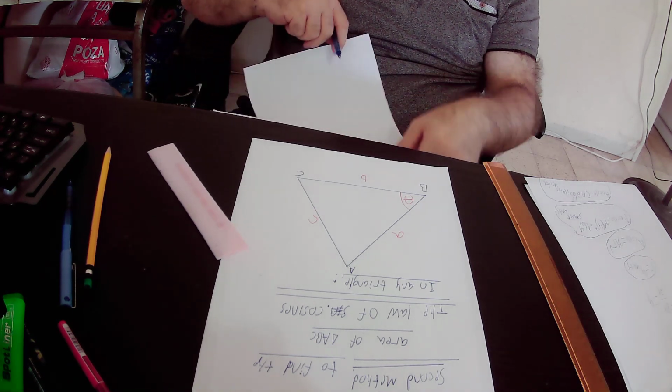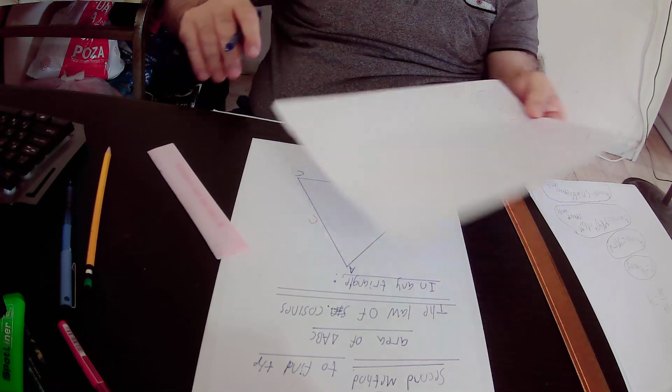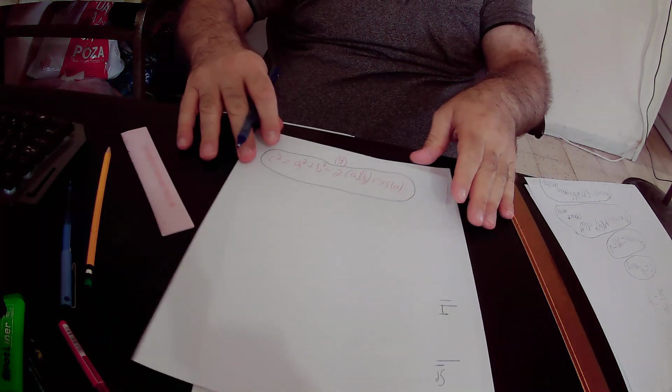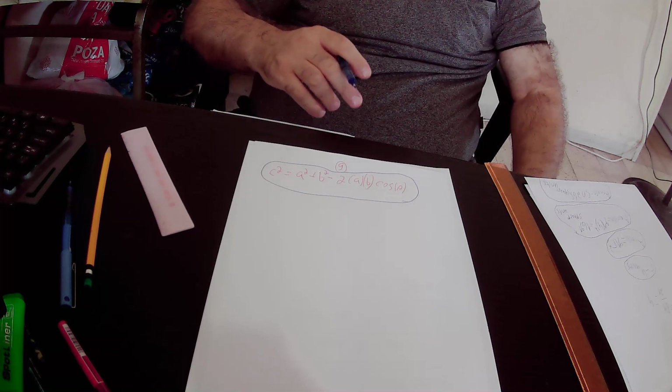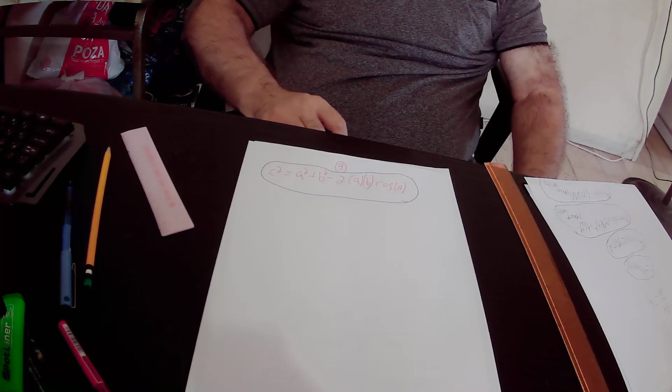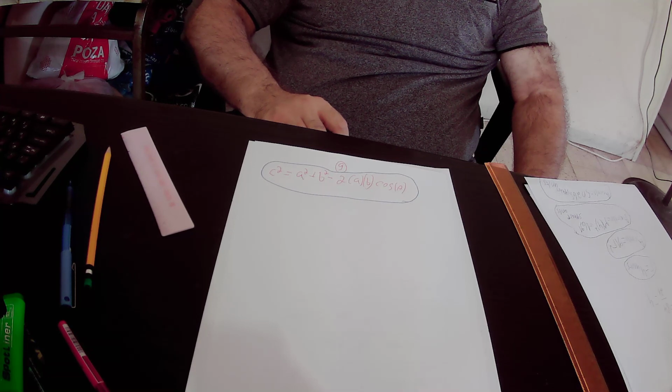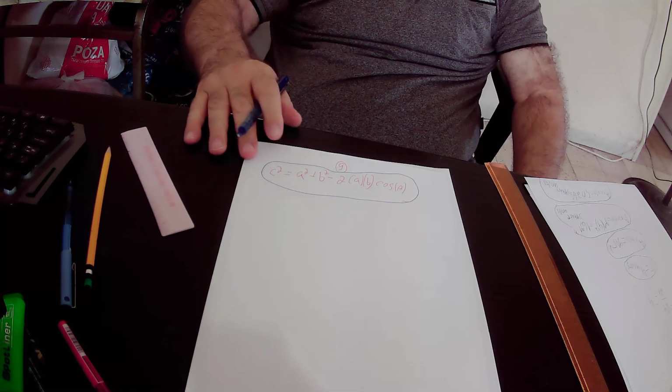Okay, again, C squared equals A squared plus B squared minus 2 times A times B times cosine theta.